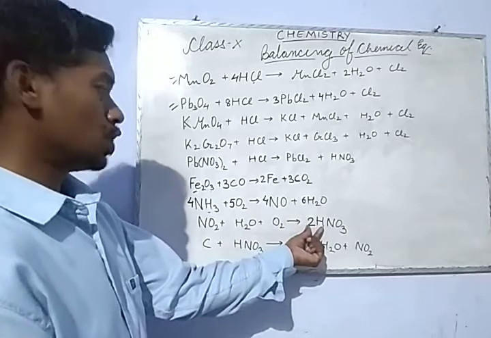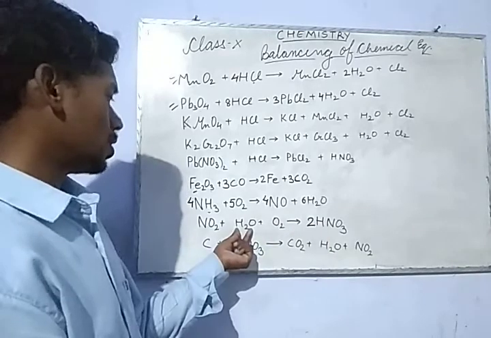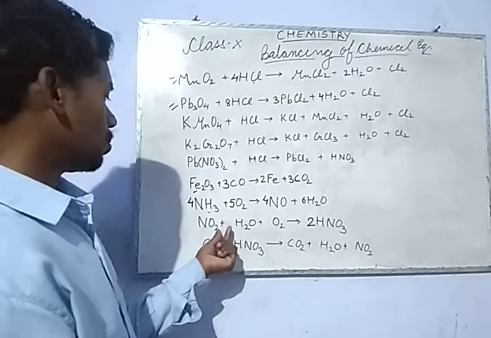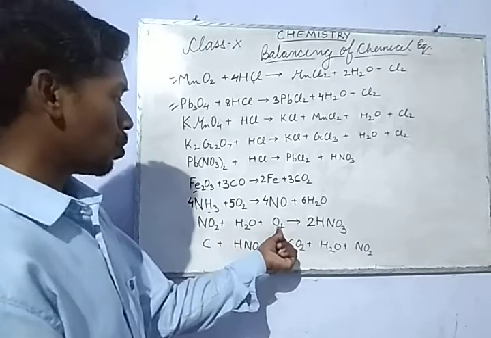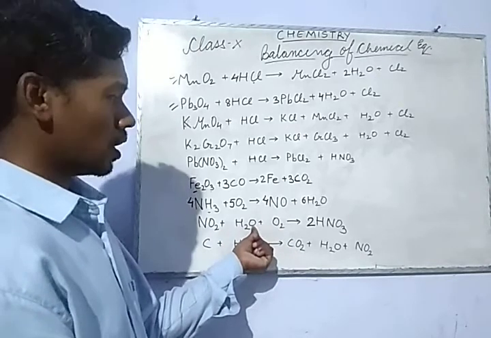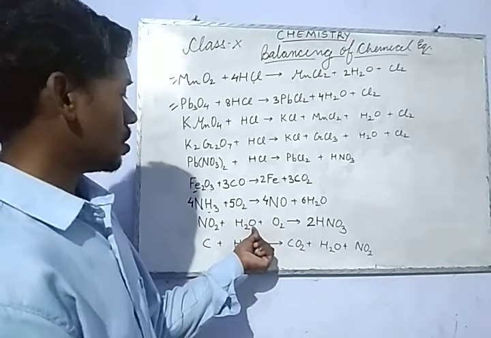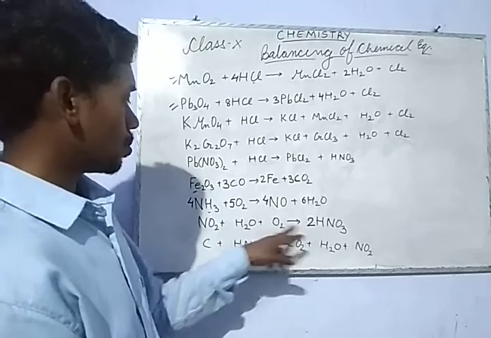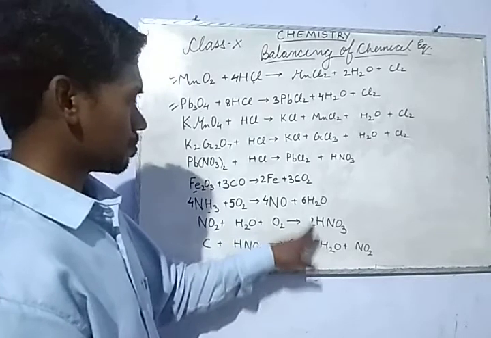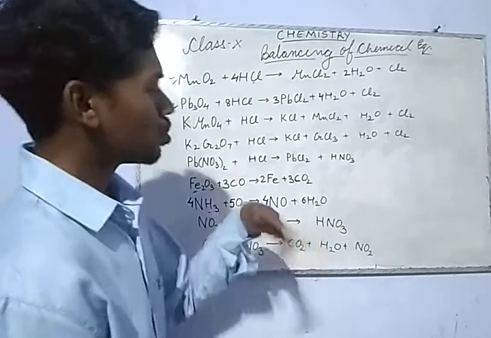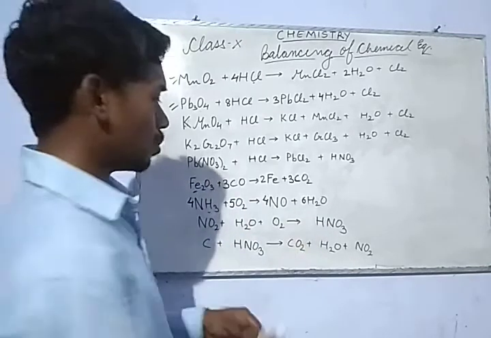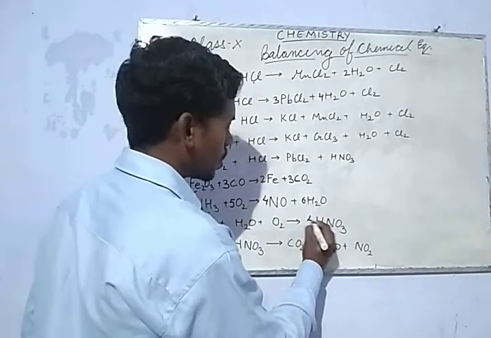How many here? 2. How many hydrogen here? 2. See the oxygen number here. 2 plus 2, 4, and 4 plus 1, 5. No, it is not working. So this won't work. So we need to try with another even number. What is that one? 4.